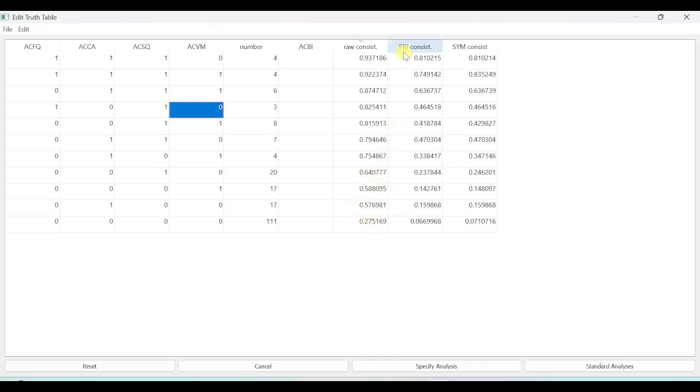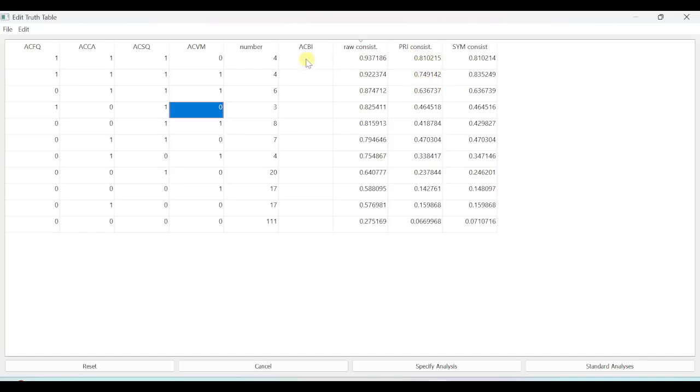Proportionate reduction in inconsistency, that is PRI consistency, has to be near to the raw consistency score, but the literature recommends that at least it should be 0.5. So I see that only the first 3 rows, 1, 2 and 3, have a PRI consistency which is above 0.5.